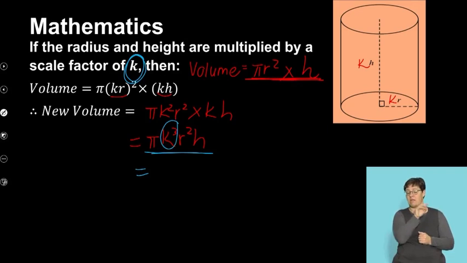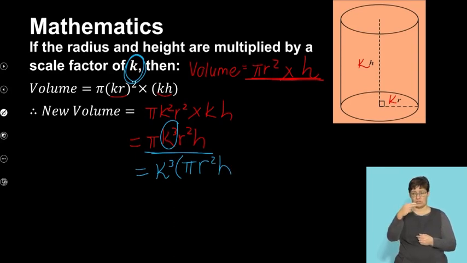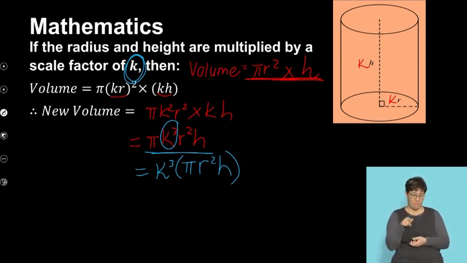So we now have a k cubed present. And if I take this out as the highest common factor, it's going to be k cubed times pi r squared h. So I can see that the influence of the scale factor made the new volume the old volume multiplied by k cubed.